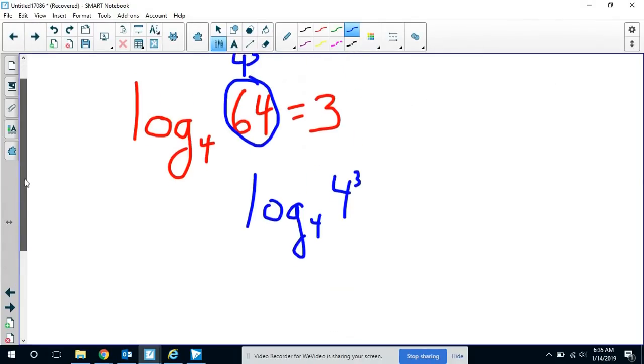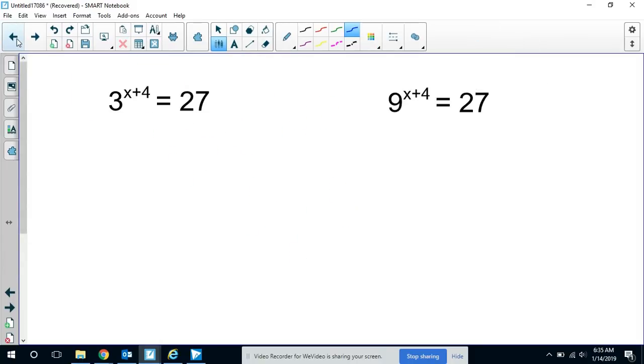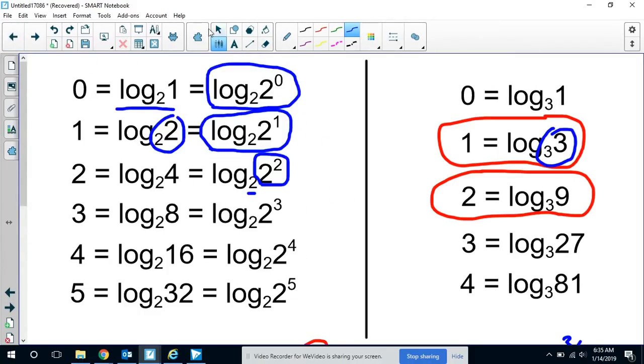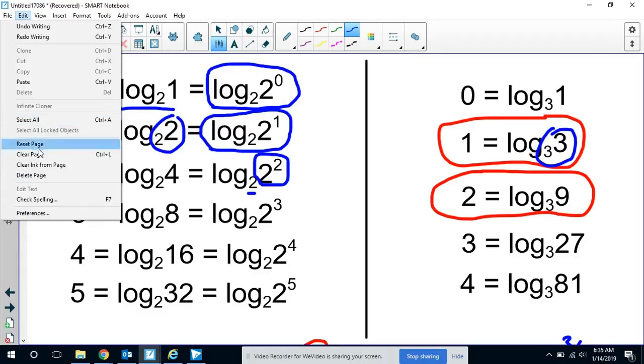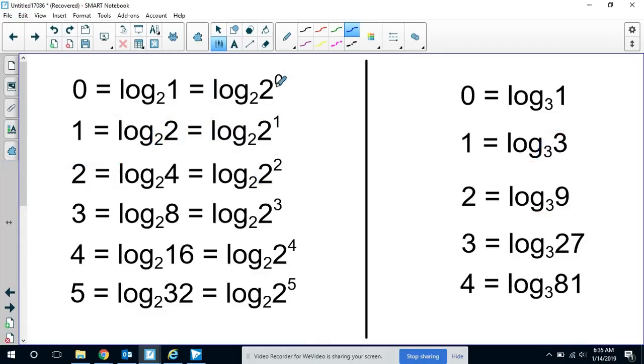So that then leads us to another property of logs. If I go to this screen again, notice that log base 2 of 2 is 1, and then the answer was always whatever the exponent of this was in this case.